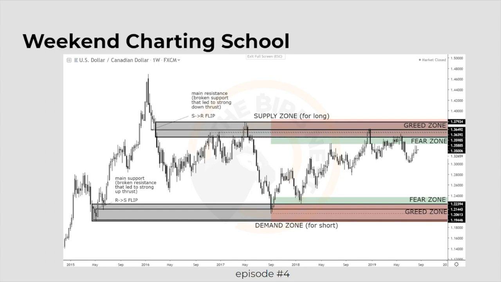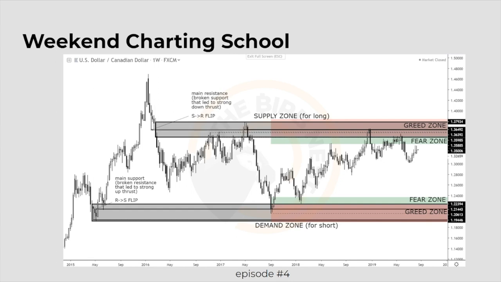So there was a support marked, and the resistance that, once broken, led to a strong upthrust. You can call this a pre-breakout level, right? There is this main concept that broken support turns into resistance, and in reverse, broken resistance turns into support. Hence, we can label that as an RS flip, resistance to support flip.